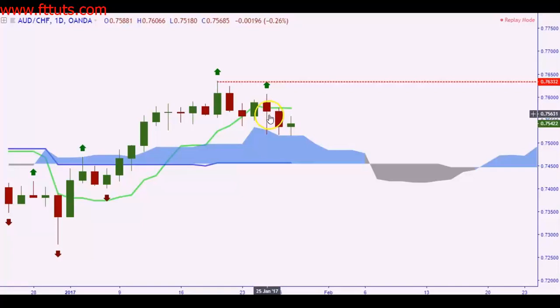I do not like inside fractals. This is not an inside fractal, but it almost looked like one, so I was going to say I don't like trading these inside fractals. An inside fractal is all I'm saying, it's inside the range. It's not a real true fractal. It is a fractal, but fractals represent the start and the end of something, really. The start of the trend and the end of the trend and the beginning of a new trend, end of the old trend.